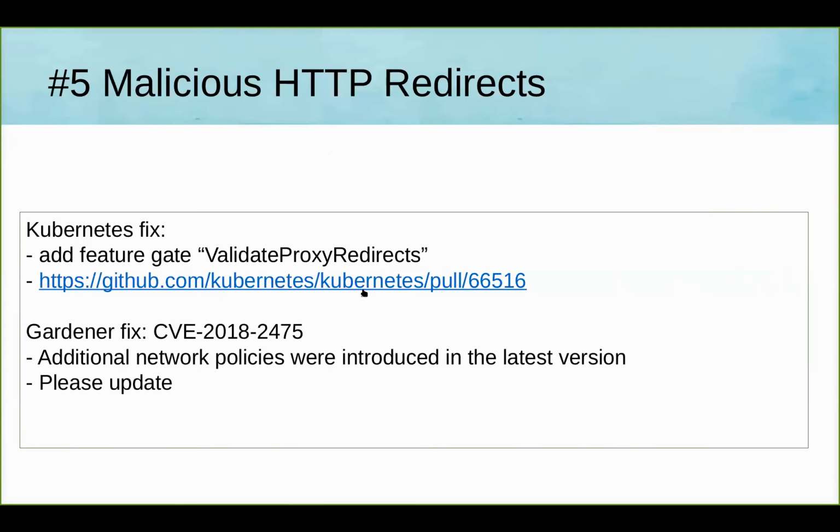Or another way is to add network policies in the control plane so that the API server can only access the resources it should have access to, in this case, not a metadata service or other things. So in Gardener, it was fixed using network policies, and the fix is in the latest version. So it's something which is protected in the latest versions.